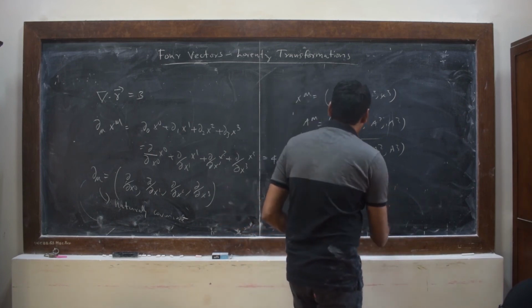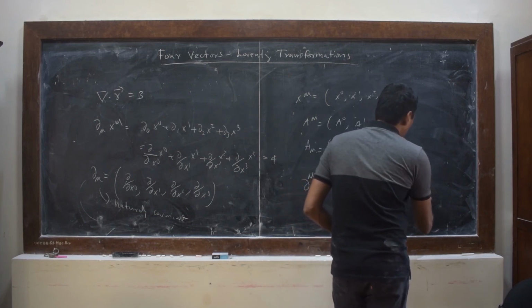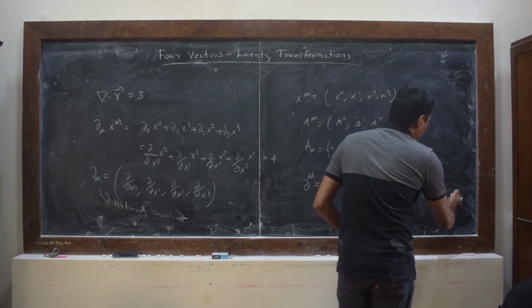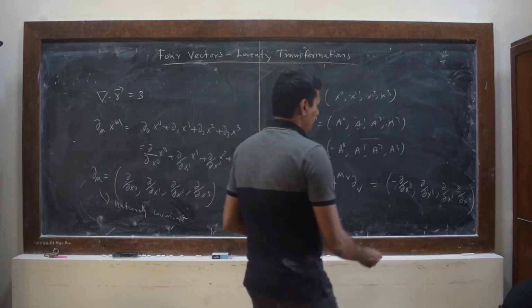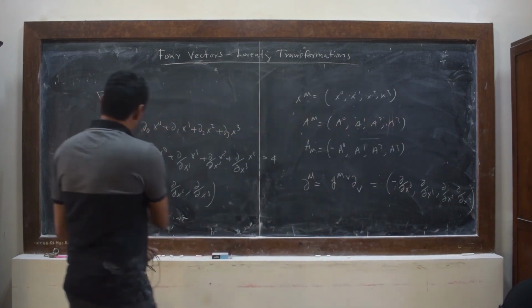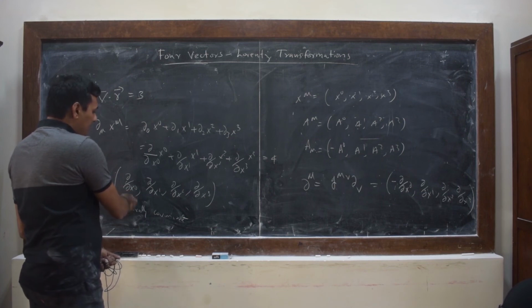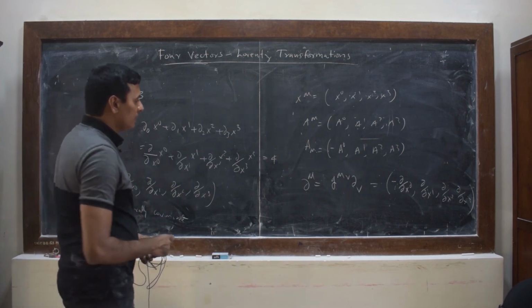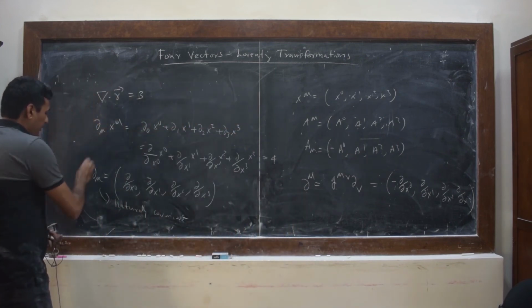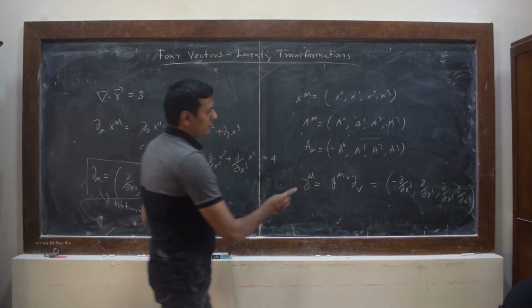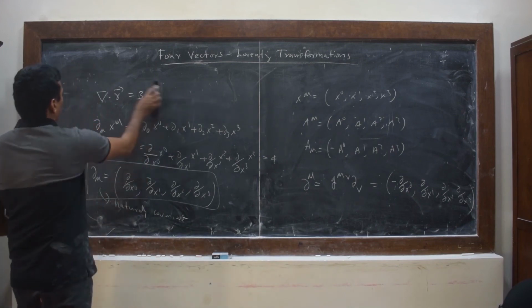So, you will get it as minus del by del x0, del by del x1, del by del x2, del by del x3, okay. So, in this case you have to remember that this del lower mu is naturally covariant, that means all are positive here, okay. So, this is the derivative del lower mu and this is the upper del mu. For upper del mu, you can write it like this.